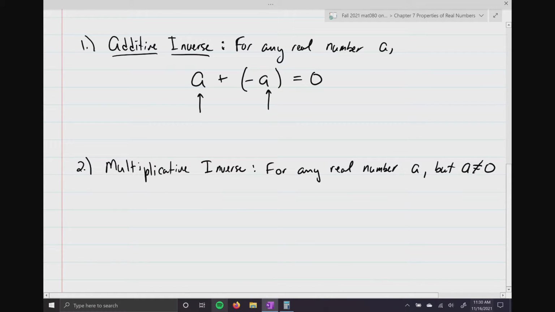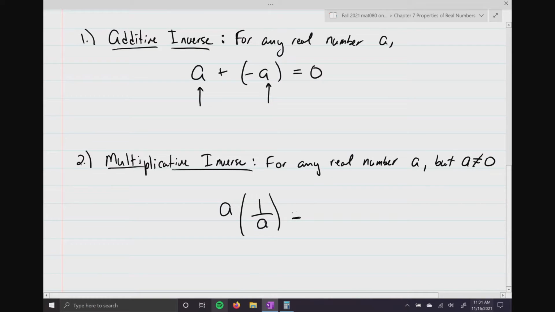So you can use any number you want except 0. And that's because for the multiplicative inverse, you're going to start off with a number, we'll call it A, and then you multiply it by 1 over A to give you 1, which we have seen a lot when it comes to reducing fractions.